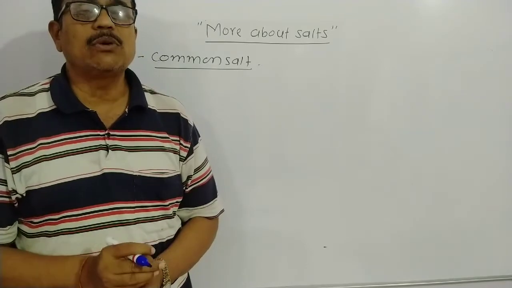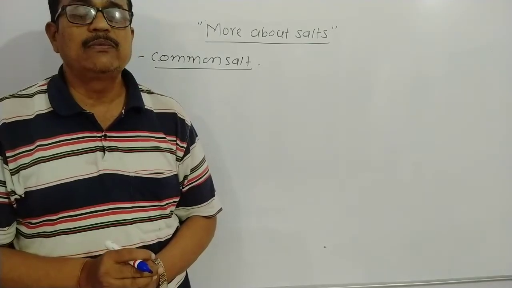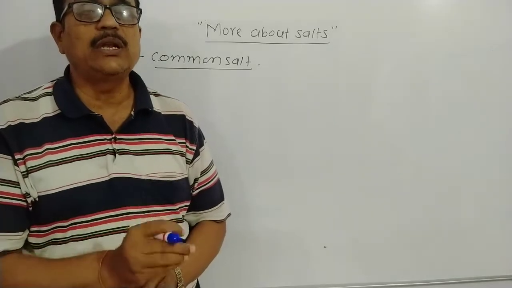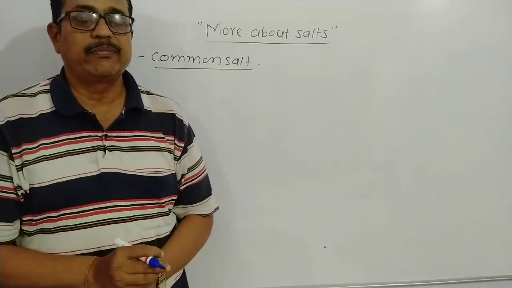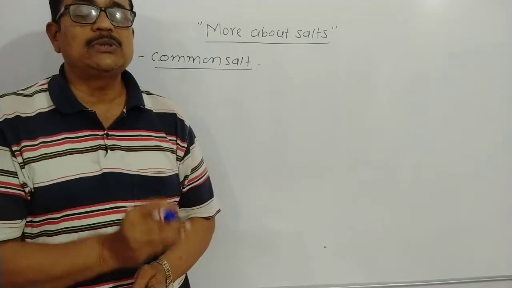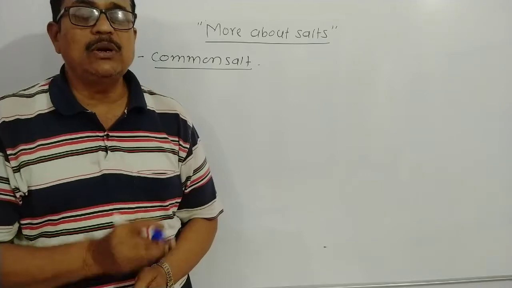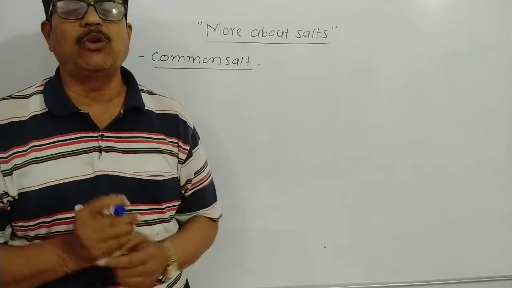Dear student, we use the common salt in our day-to-day life in the preparation of food, because the taste of food totally depends upon the common salt. A small quantity of common salt is put into the food, and common salt is a source of iodine for our body.